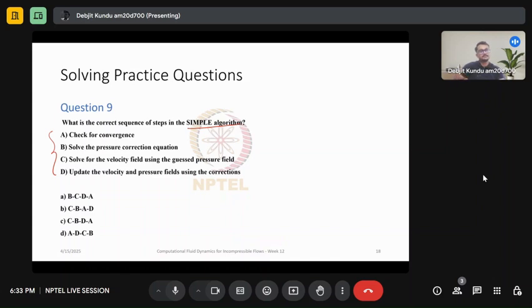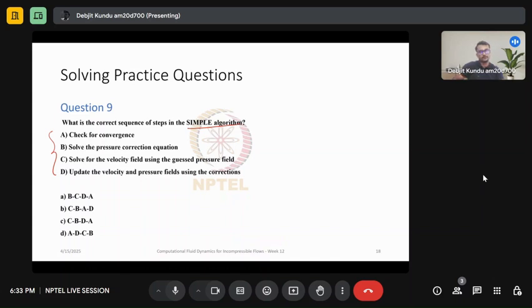Step A, check for convergence; step B, solve the pressure correction equation; step C, solve for the velocity field using the guessed pressure field; step D, update the velocity and pressure fields using the corrections.